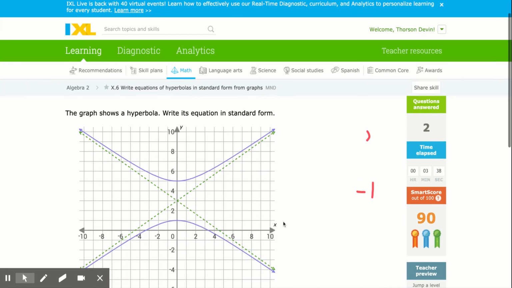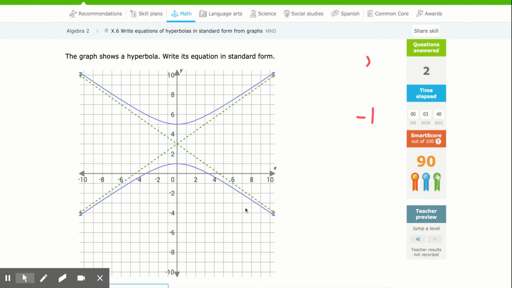We jumped all the way up to 90. So let's do this one here. First thing is I notice it's open up and down. So it's going to be my Y squared first. And I notice my center is shifted 3 units up. So I'm going to have a Y minus 3 in parentheses squared over my A value squared.